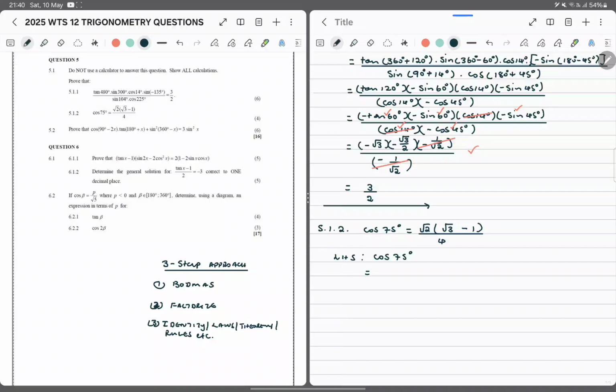But now let's try to get 75. Let's see, what is it? This is not a special angle, but we can use special angles to create it. 45 plus 30 is 75, so this is the same as cos of 45 plus 30 degrees. These should have been clues that there is special angles involved.